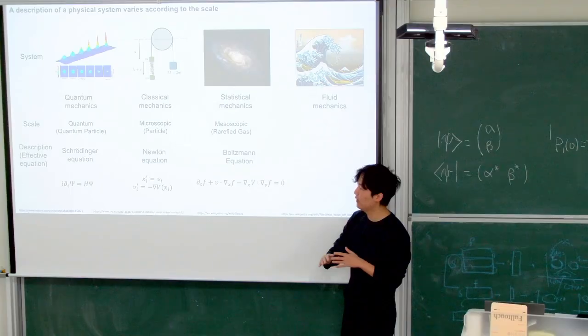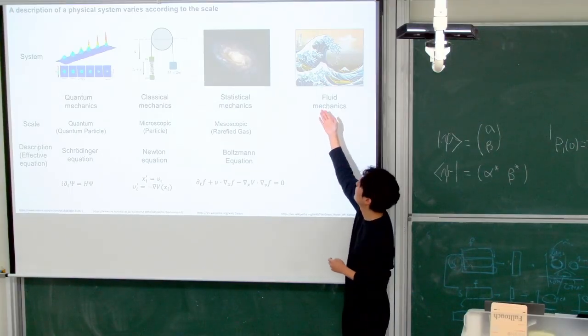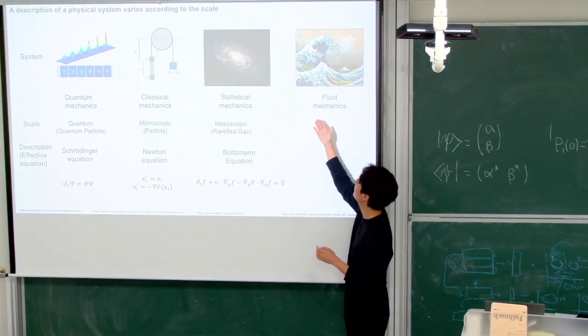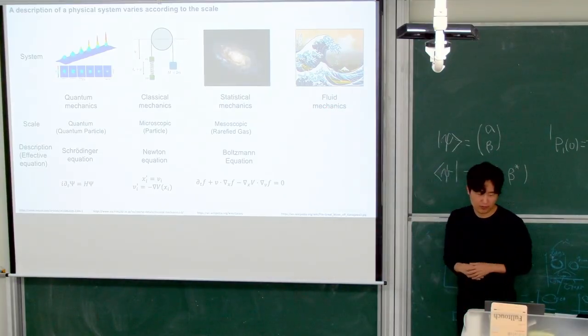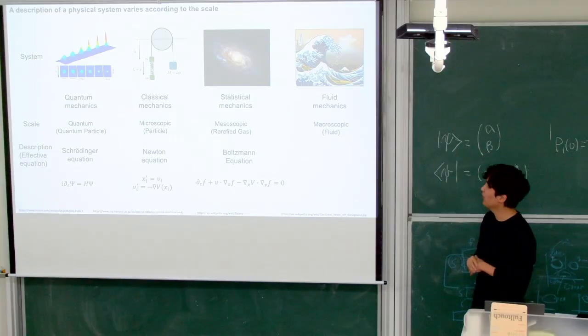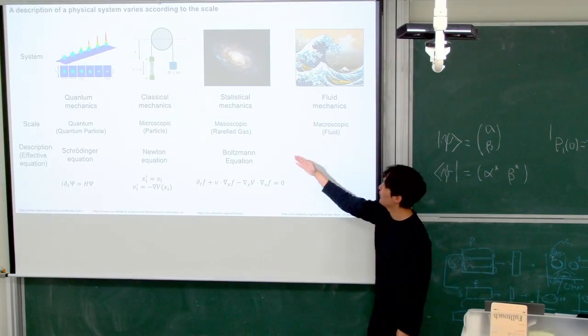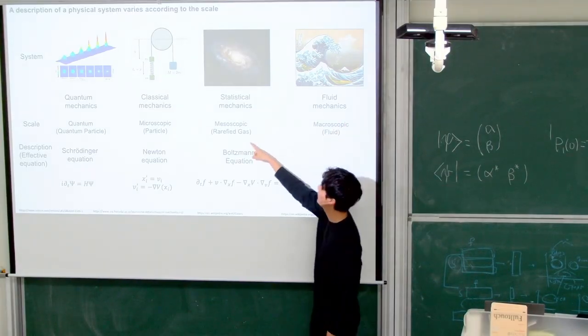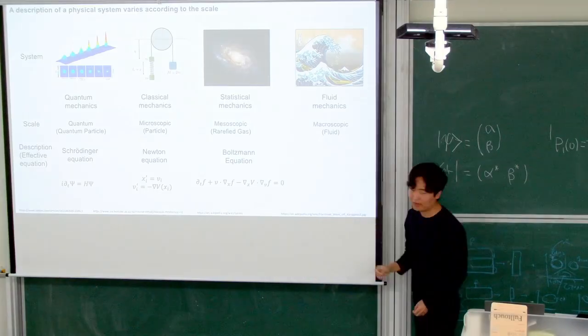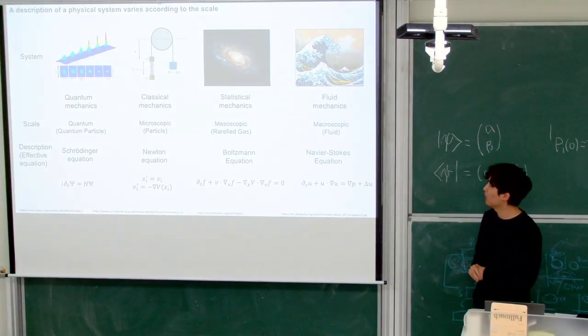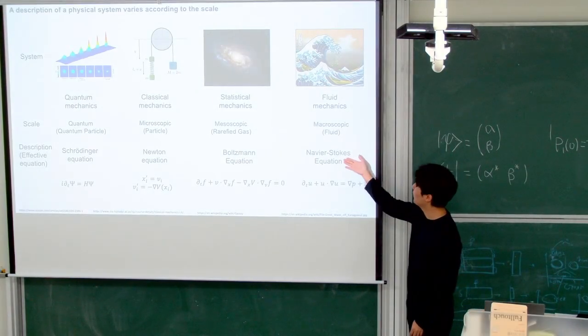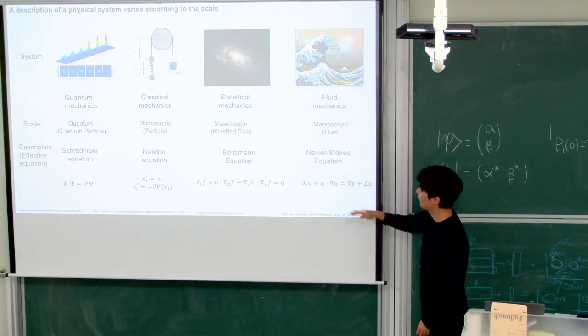If the density is quite high, then you are in the regime of fluid dynamics, fluid mechanics. Its scale is called macroscopic, so micro, macro, and in the middle mesoscopic. And this is described by the famous Navier-Stokes equation.